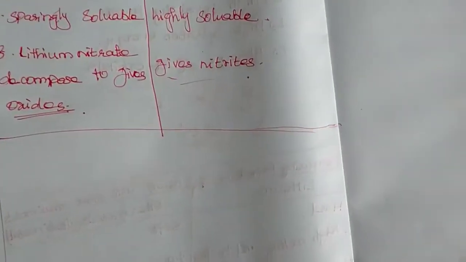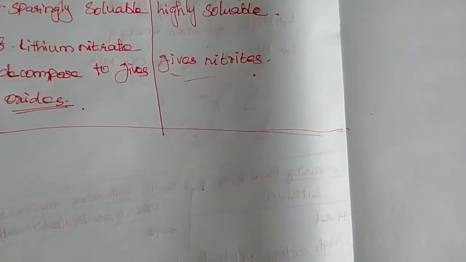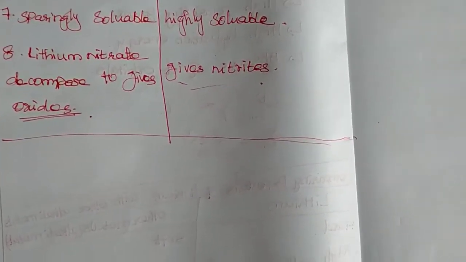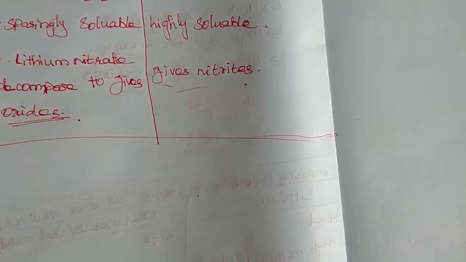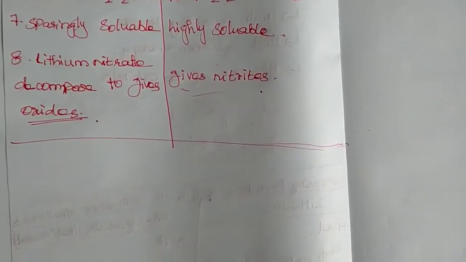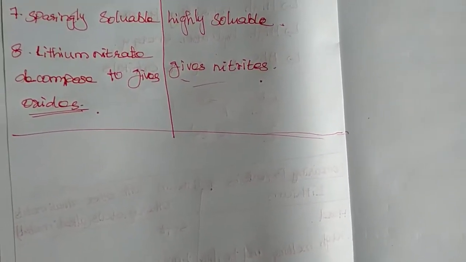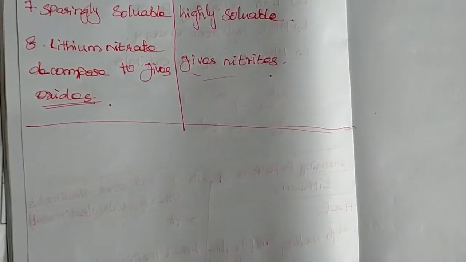Next, lithium has some distinctive properties. It behaves like magnesium in the diagonal relationship. So lithium and magnesium have some similar properties.